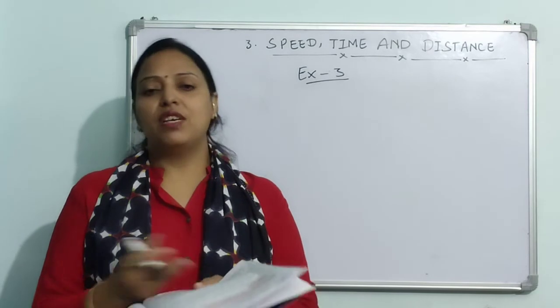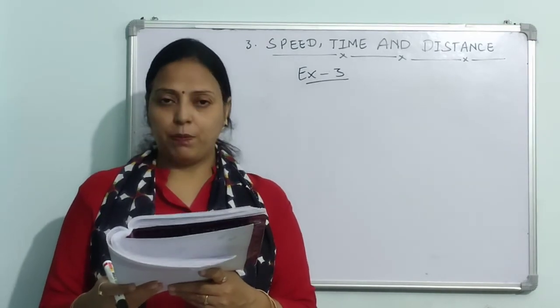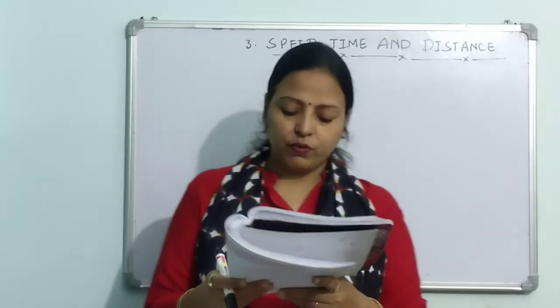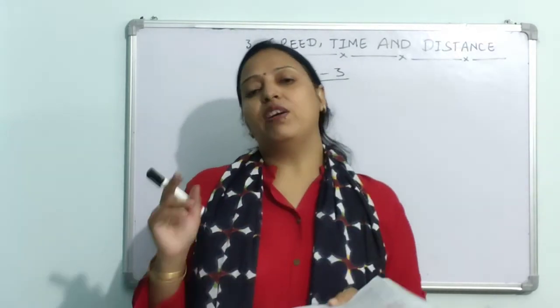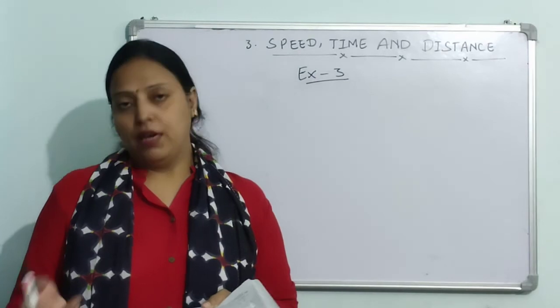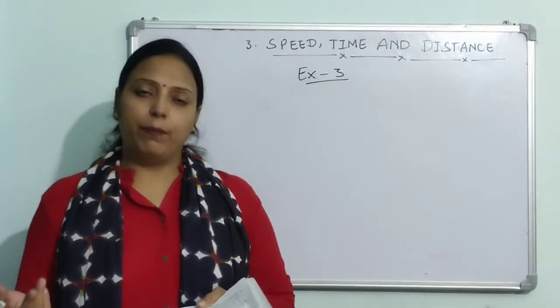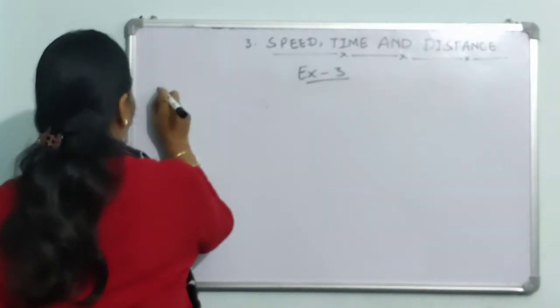So here first one is given 70 kilometer per hour, first speed, and the speed of the second car is 20 meter per second. So you change that 20 meter per second in kilometer per hour, then you can compare it. So first you note down here, question number 8.